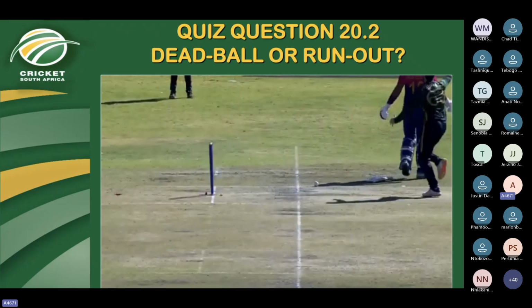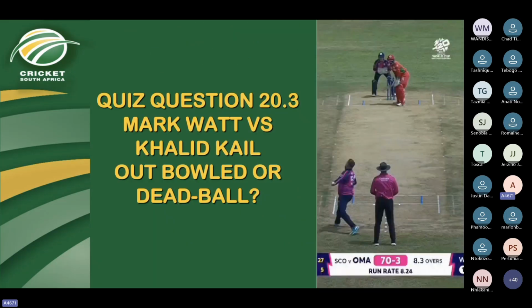Please type your answer into the chat box now. Last quiz question for the afternoon. Mark Watts, famous Scottish bowler, he likes to bowl a surprise delivery, which you can see on the right-hand side of your screen.